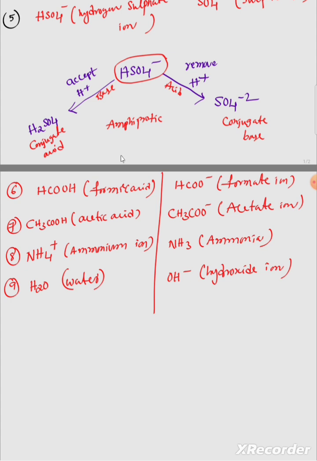Here OH minus can also act as both acid as well as base: by adding a proton to become H2O, and by removing a proton to become O 2 minus. In the direction of adding a proton, it acts as a base and becomes the conjugate acid.